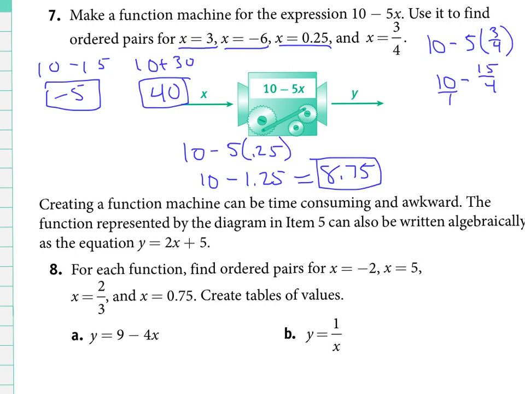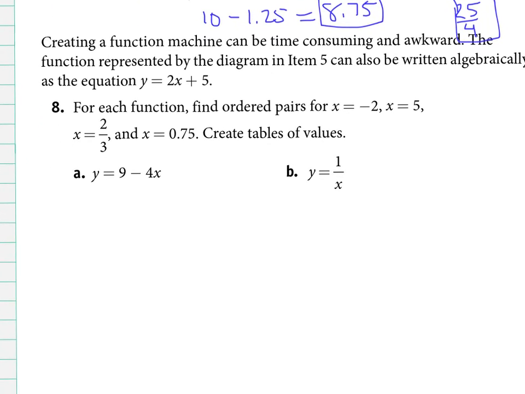The common denominator is going to be 4, so I need to multiply both sides by 4 here. So I'm going to get 40 over 4 minus 15 over 4. Well, 40 minus 15 is 25 over 4. Okay. Just some simple fractions and common denominators there. I probably did it a little faster than you might have been able to do it, but it's something that's not too complicated. You can do on your own.